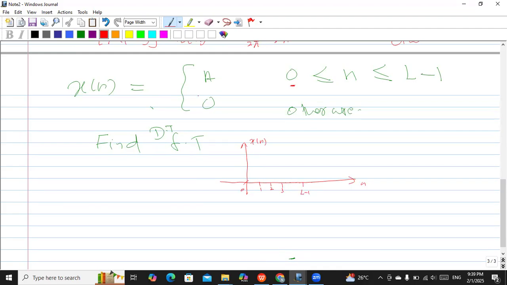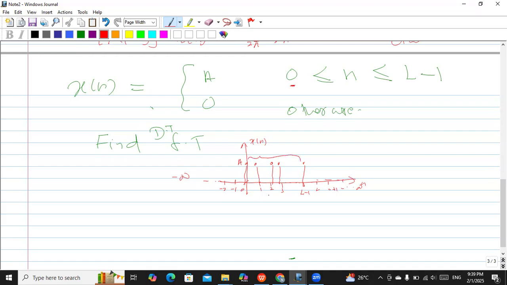That value will be A. Otherwise it is 0, so at minus 1, minus 2 and so on it will be 0, and here L plus 1, L plus 2, up to infinity, again this is 0. So our sequence is only from here up to here.